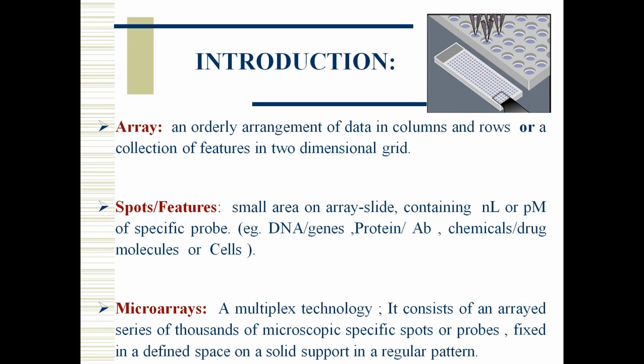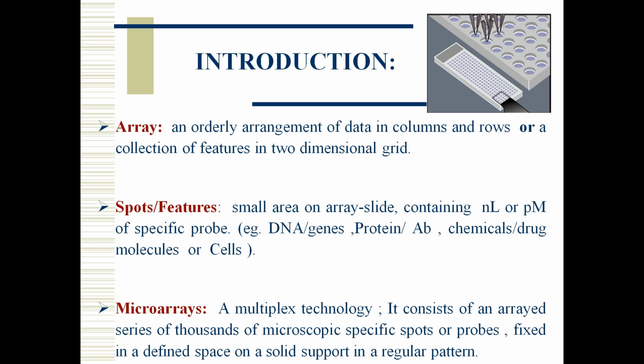Coming to the introduction, an array means an orderly arrangement of data in columns and rows, or a collection of features on a two-dimensional grid. The spots, or features, are small areas on the array slide containing nanoliters or picomoles of a specific probe.